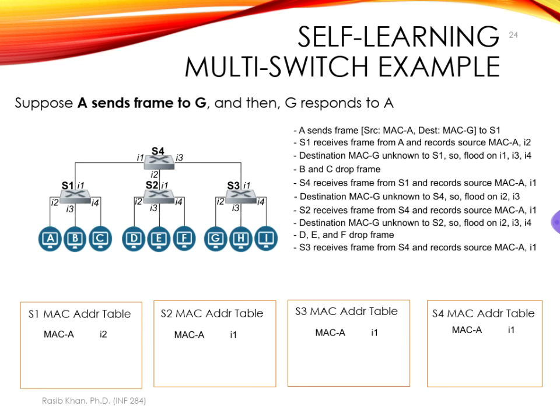So S3 puts this record into its MAC address table, and then it sees that the destination MAC address G is unknown to S3. So it will now need to flood the frame on interfaces I2, I3, and I4.